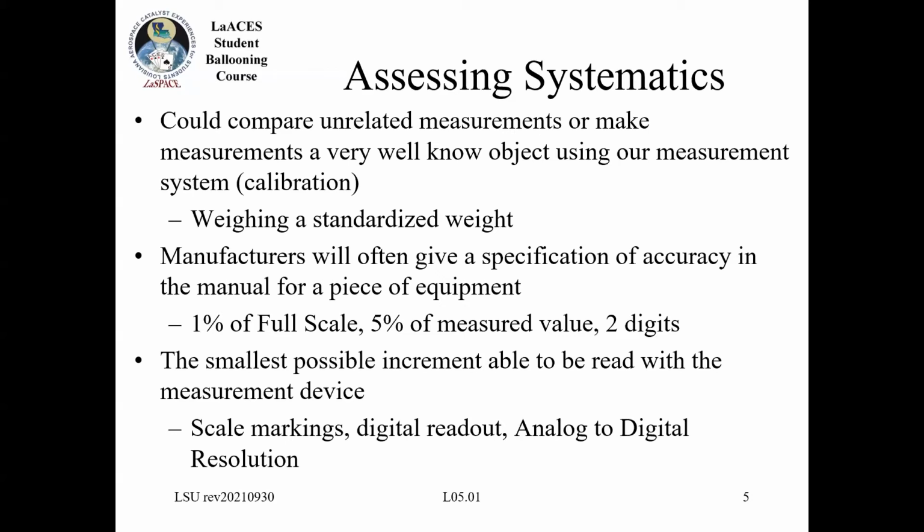And it may be different depending on which setting you're on, which scale you're on, but you'll often see things like 1% of full scale, which means if I'm on the 0 to 200 volt scale, the manufacturer is saying this should be accurate within 2 volts, right?